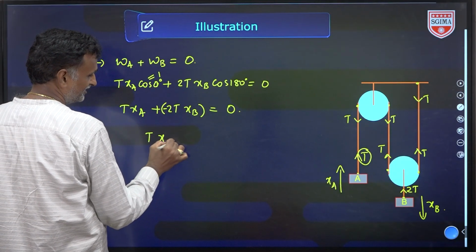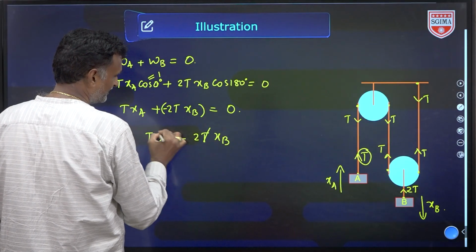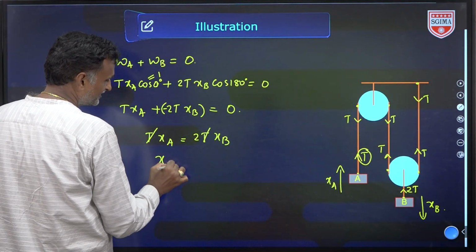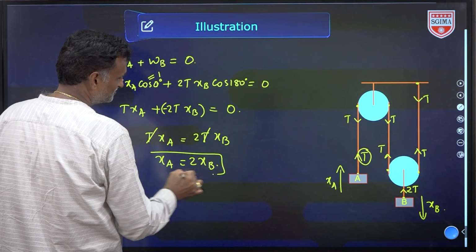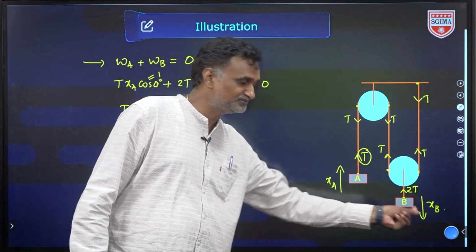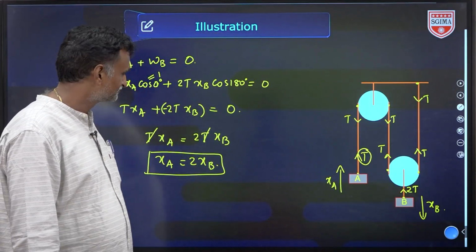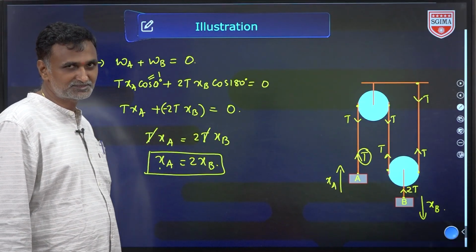So T XA equals 2T XB, where T and T cancel, so XA equals 2 times XB. Which means when block B covers 2 meters of displacement, then XA covers 4 meters.